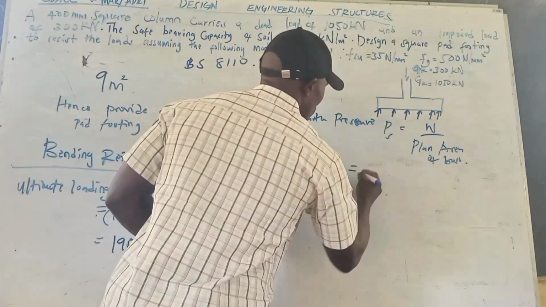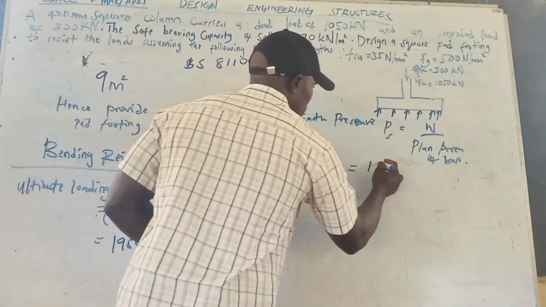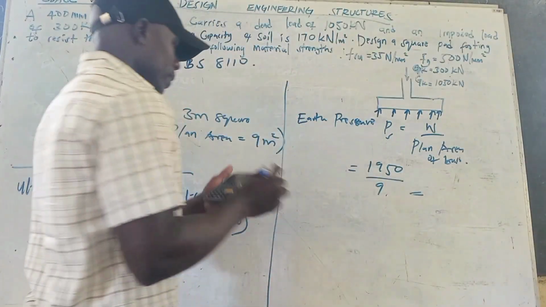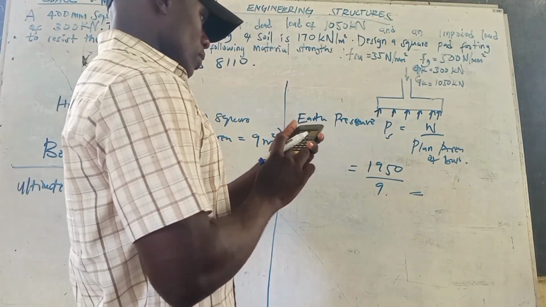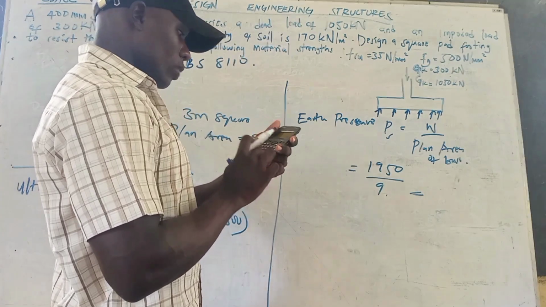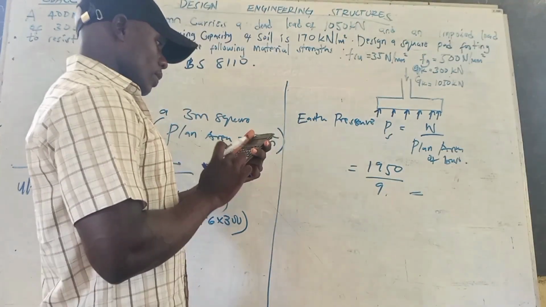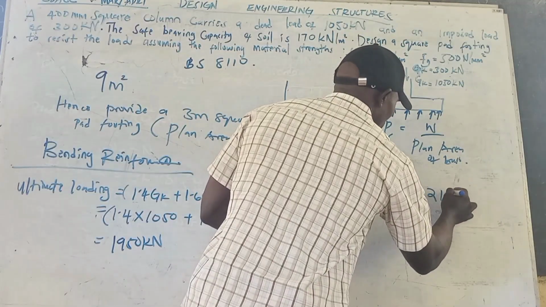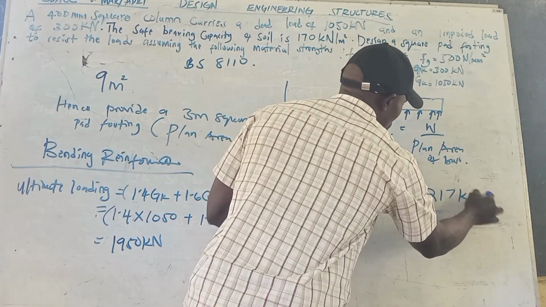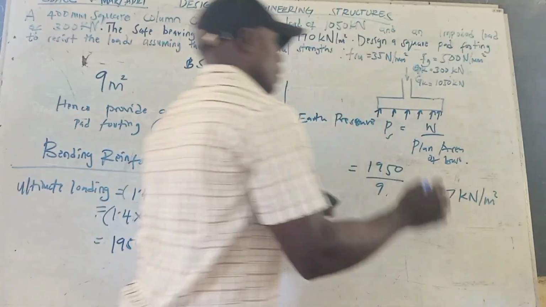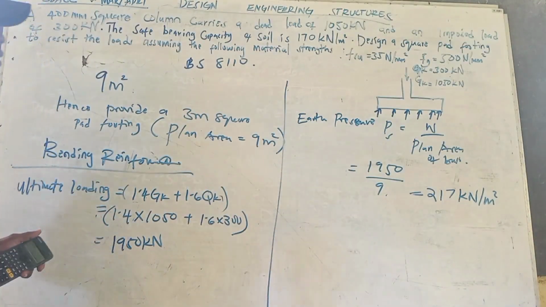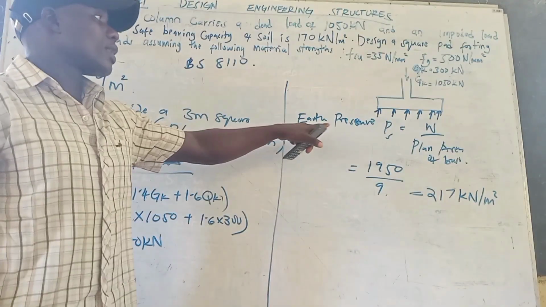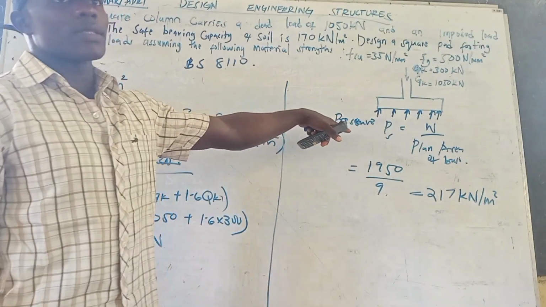Substitute, we're going to have 1950 over 9 square meters. When you feed that into your calculator, you get 217 kilonewtons per meter square. So the earth pressure is the upward reaction of the soil in that case.